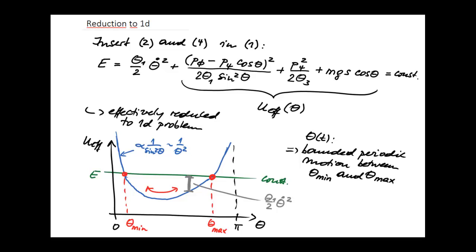And this oscillating movement between a minimal and a maximal angle theta, that is known as nutation. As I mentioned before, it's not possible to calculate the function theta of t analytically. It's a rather complicated integral that you would have to solve. You can do that numerically. But here we shall be satisfied with understanding the qualitative behavior of the system.